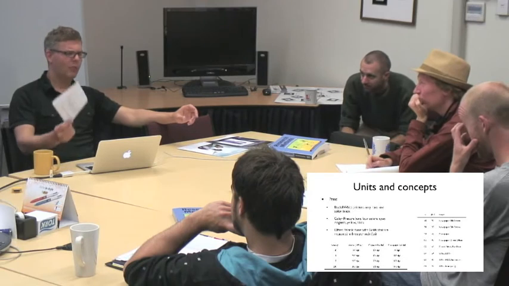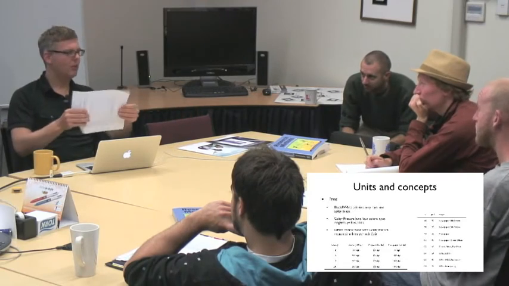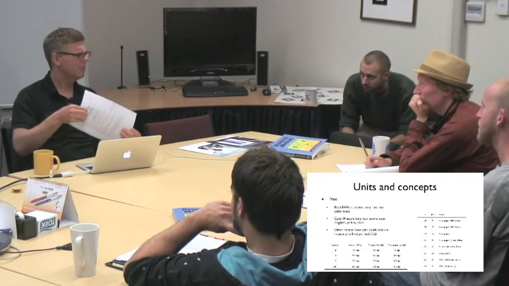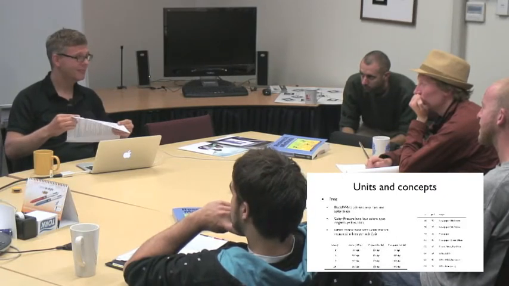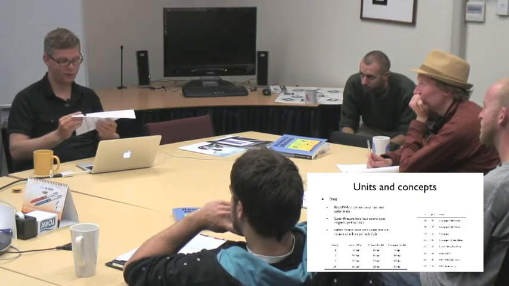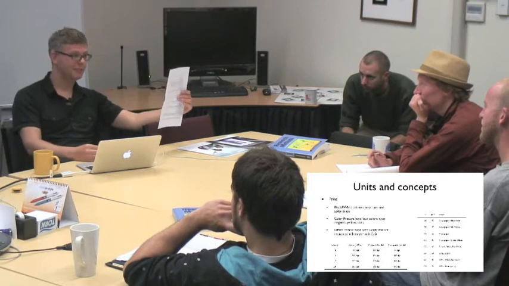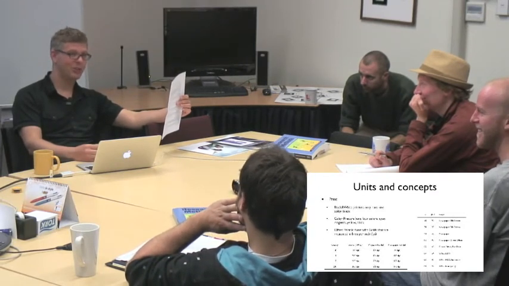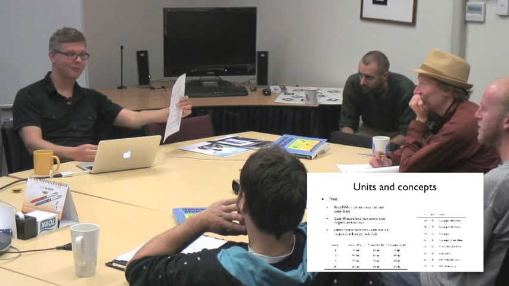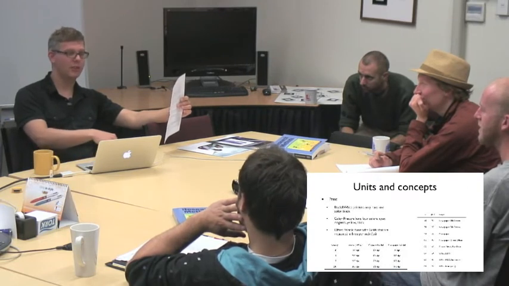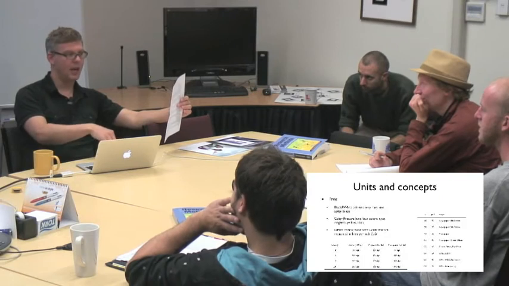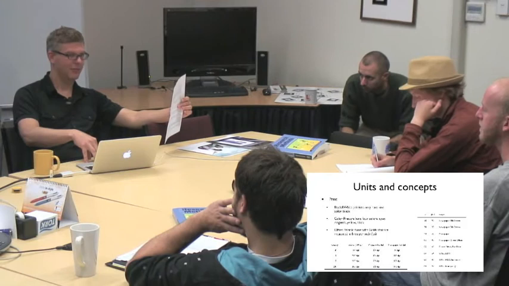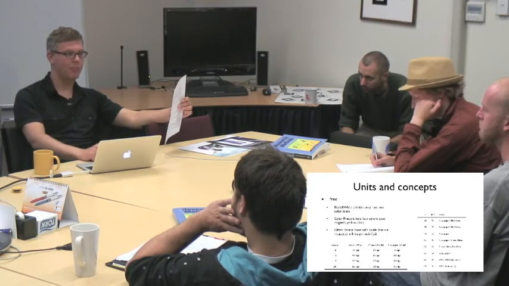So this, what do you say, this A4? What does that mean? It's the standard size. Yes. What's the full name of it? The full name of it is DIN A4. And what does DIN stand for?